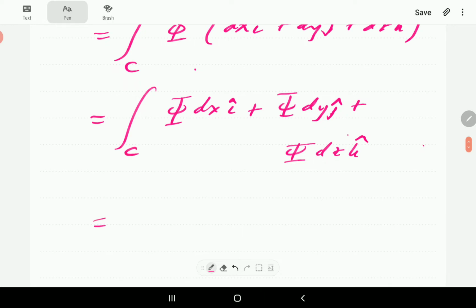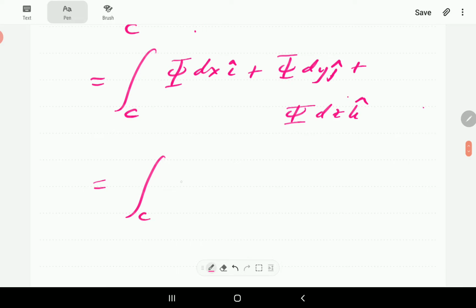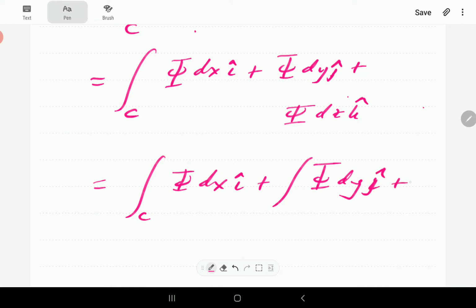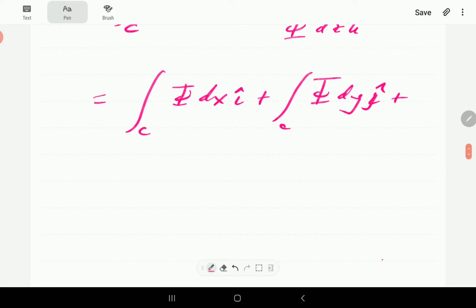Then because the integral is a linear operator, we could actually evaluate these separately. You could do this one, and then do this one separately, this is j, and then do this one separately, it's going to be phi times dz k.